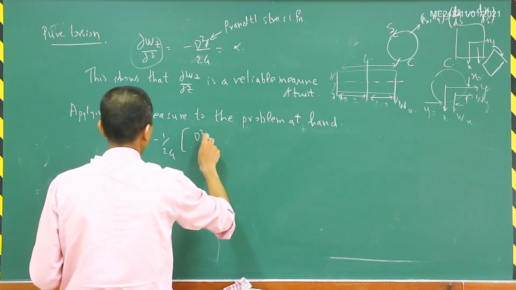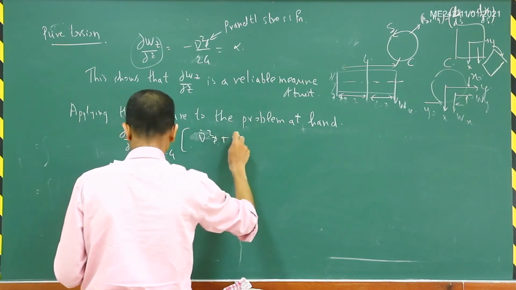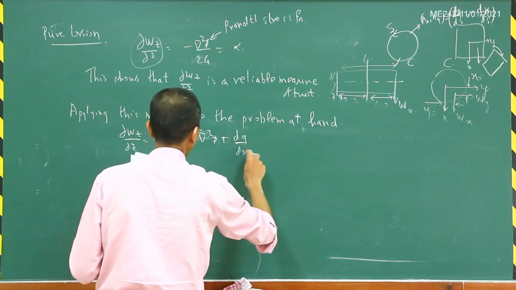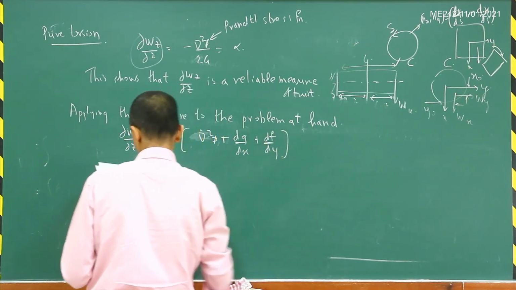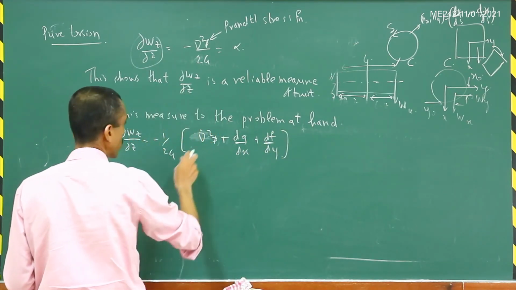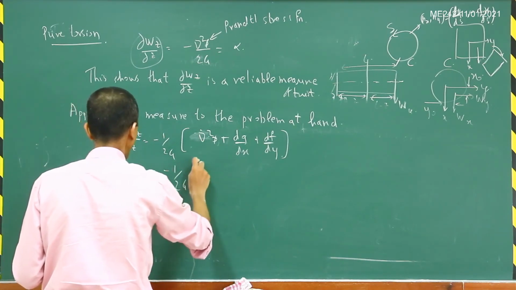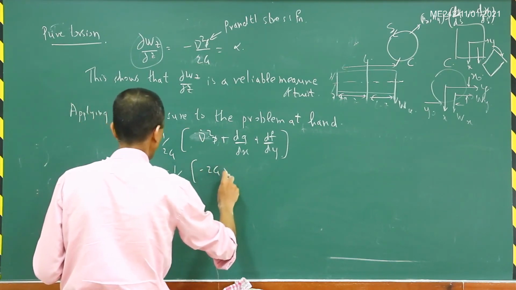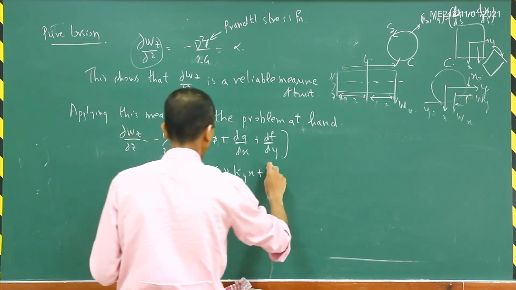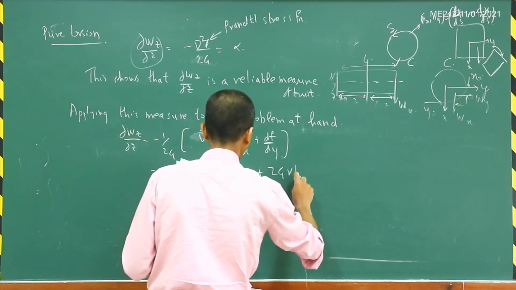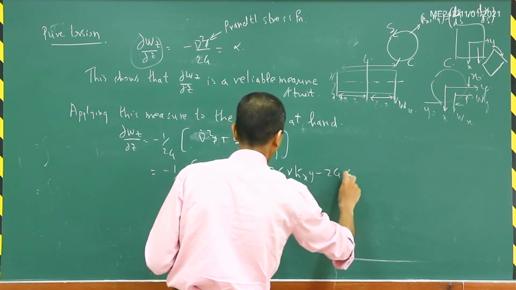Then you will get del square phi plus dg by dx plus df by dy. And if you simplify this, substituting for del square phi, then you will get minus 1 by 2g times minus 2g mu times kappa yx plus 2g mu kappa x times y minus 2g alpha.